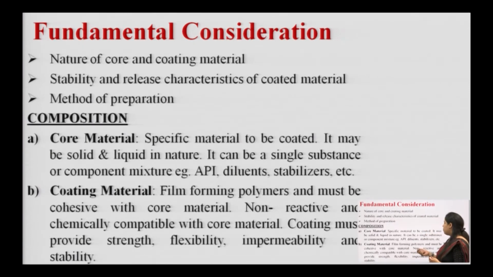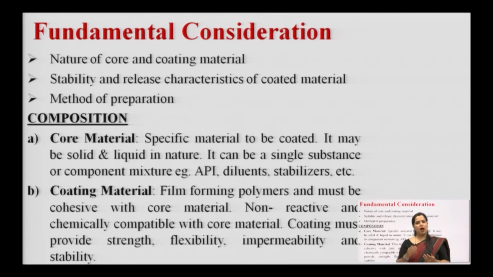Non-reactive and chemically compatible with core material, these are the ideal properties of the polymer which we are using in the microencapsulation process. That means the polymer should be inert in nature, non-reactive and non-toxic. The active agent we are using is the drug or active component, which has medicinal value.